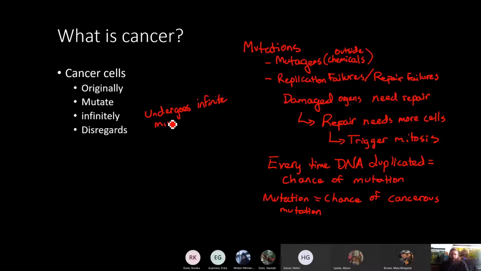So this is kind of scary. For one, this can happen in differentiated cells. If you produce a white blood cell with this mutation, that white blood cell, normally the end product of differentiation and can't mitotically replicate, manages to start undergoing infinite mitosis, and it disregards all stop signals.